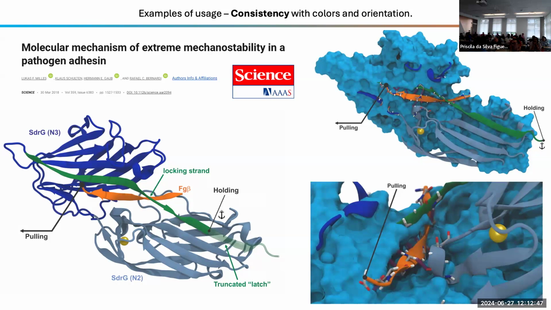So the other thing I like to highlight in this is that there is a consistency on the use of color and orientations among many pictures in the paper. So if you see the one on the top right, the colors are consistent, the orientation is consistent. It helps you relate among the figures in the publication and also in the supplementary material.